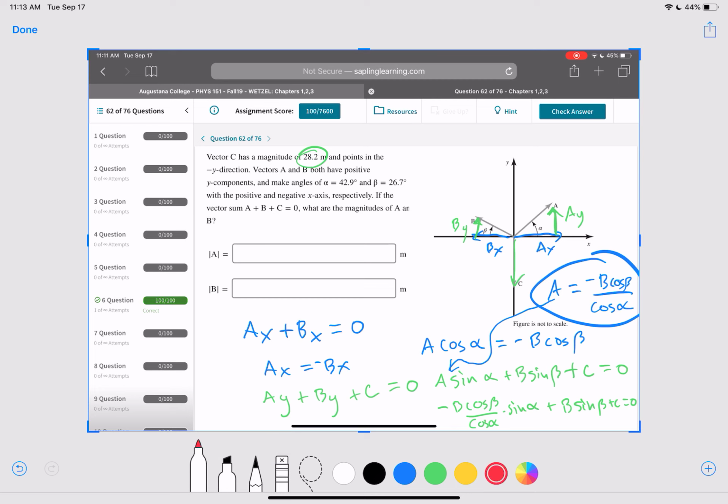Okay, we also know what sine of beta is, because beta is known. We also know what all these sines and cosines are, so just calculate it. Cosine of 26.7 degrees, that's a number. Divide by cosine of 42.9 degrees, that's a number. Times sine of 42.9 degrees, that's a number. Then just solve for what B is. Okay, it's a little bit of algebra, but then you get the answer.